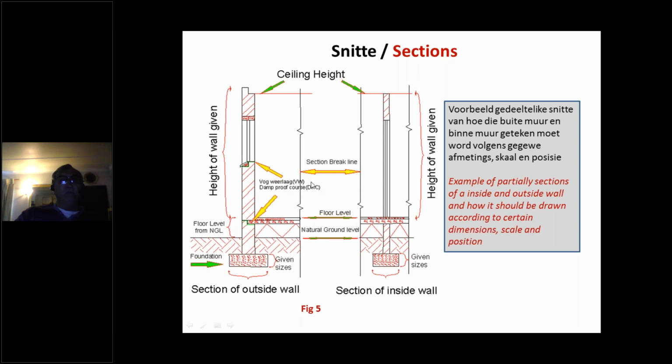Damp proof course, capital letters, voggweerlaag. That is the damp course. It's where you put a piece of plastic into it, and that shows that the water penetration will not go through to the inside of the wall. The same happens here. Water penetration from this side will not go into the floor level. So that's a section then of your inside walls.